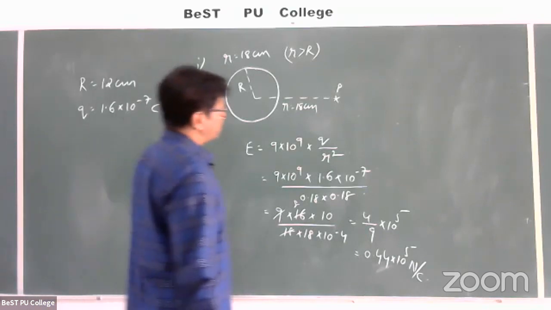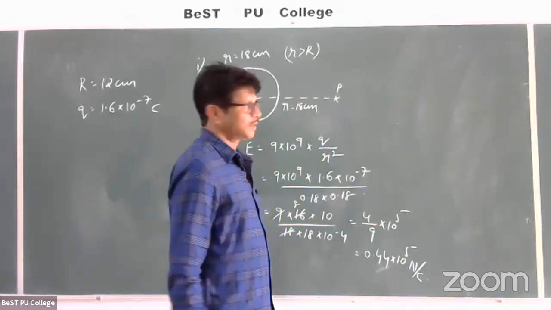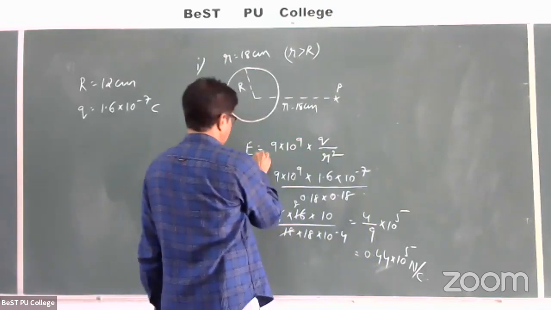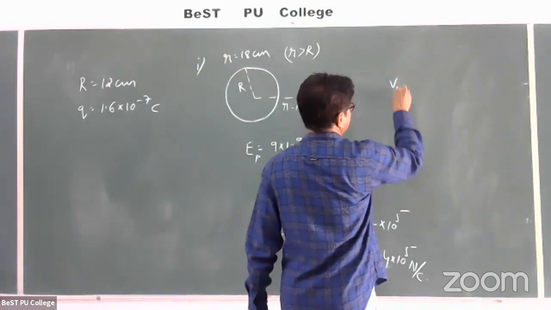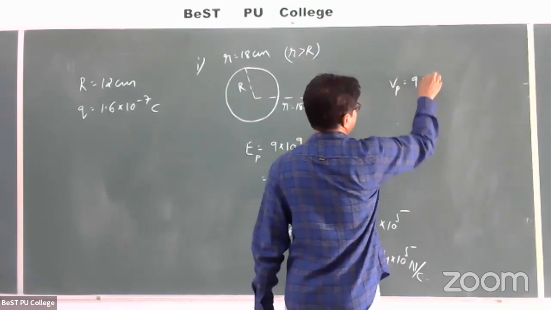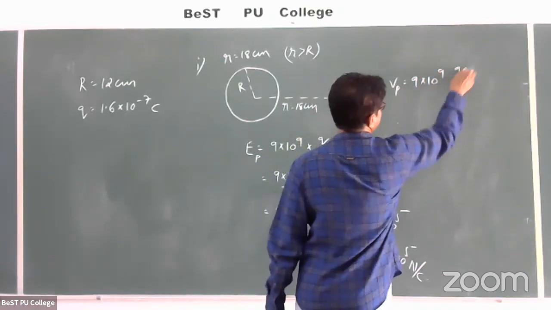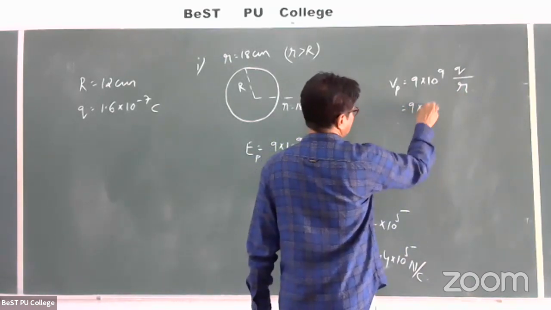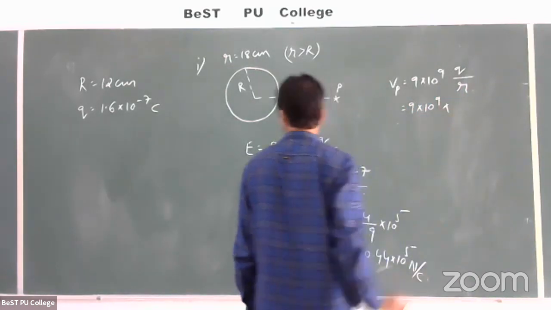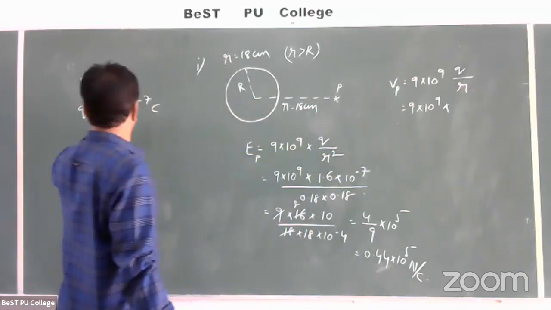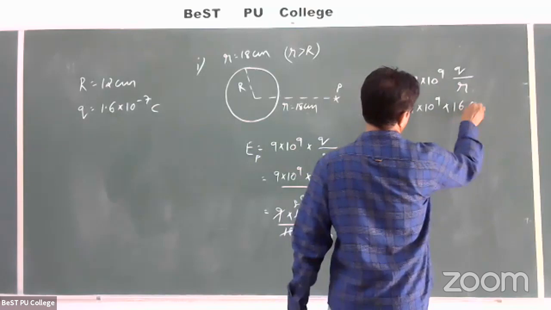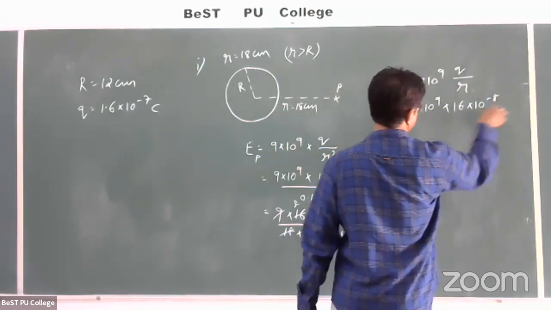Then the electric potential. What is the formula? At the same point, I want to find the electric potential. Vp is equal to 9 into 10 to the power of 9 q by r. The q value is 1.6 into 10 to the power of minus 7, so 16 into 10 to the power of minus 8.